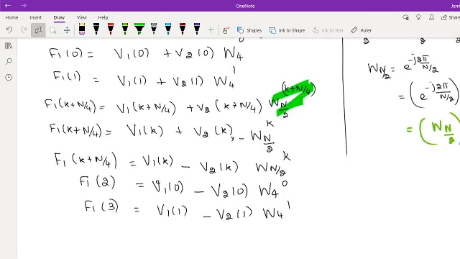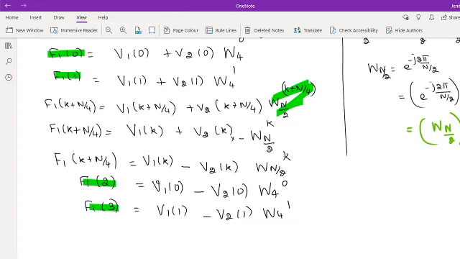So we have got the f1 of 0 value, f1 of 1 value, f1 of 2 value, and f1 of 3 value. So these f1 values are calculated from two 2-point DFTs. So two 2-point DFTs are combined together. We have got the 4-point DFT. So we can draw the diagram now.